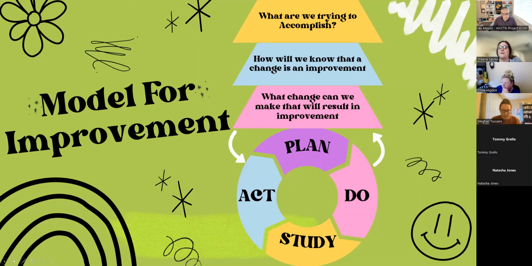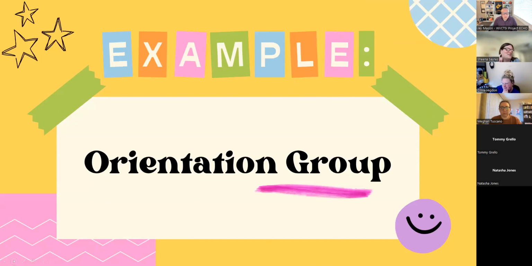How will we know that we're either improving or it's not working at all? And what change can we make that will result in improvement? So those are kind of like your big things that you look at, and looking at data. Okay, Olivia, you want to go to the next slide?